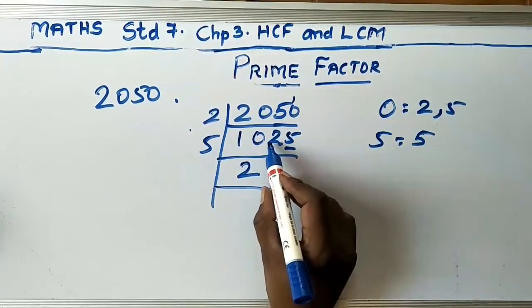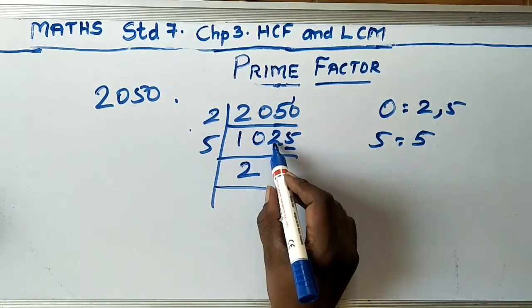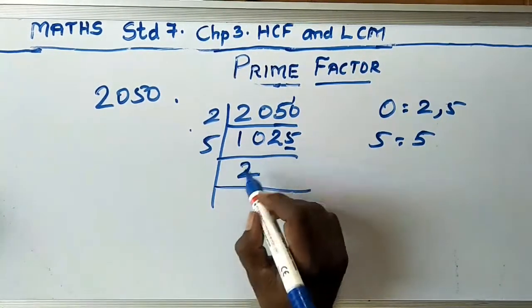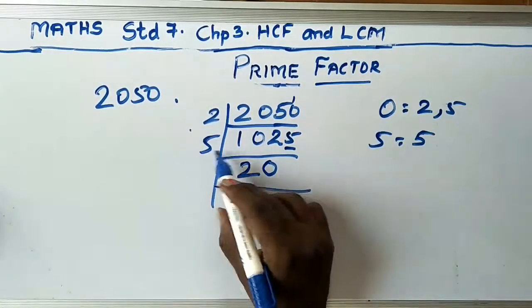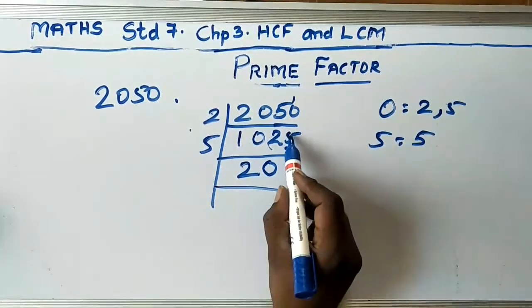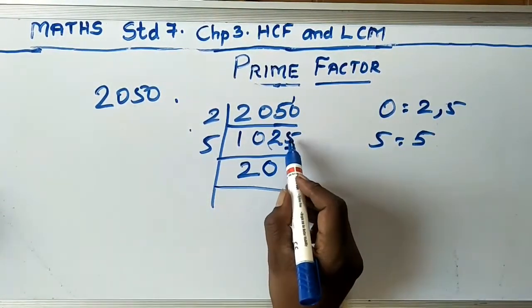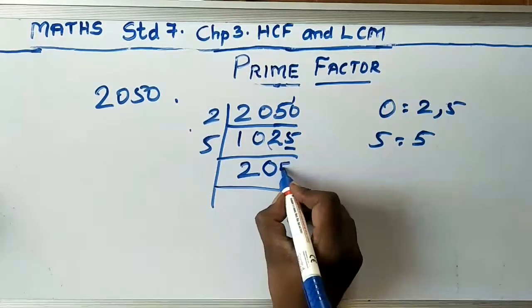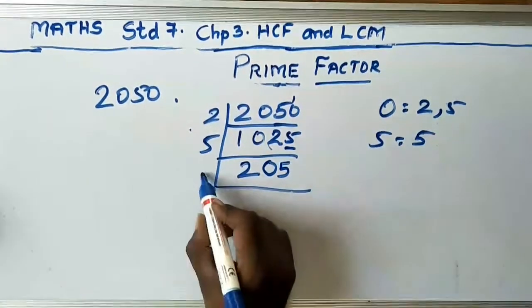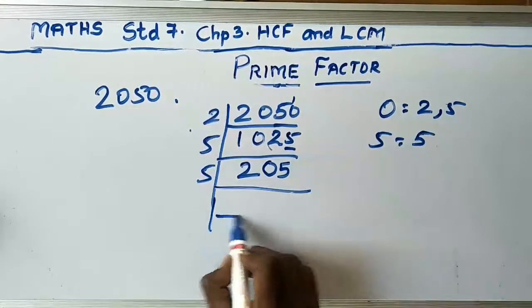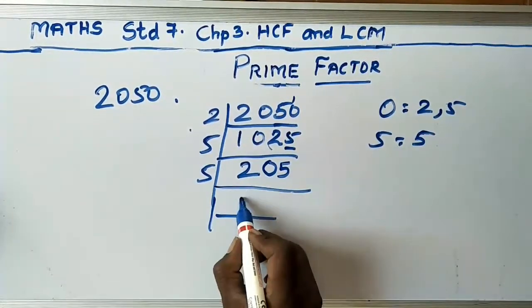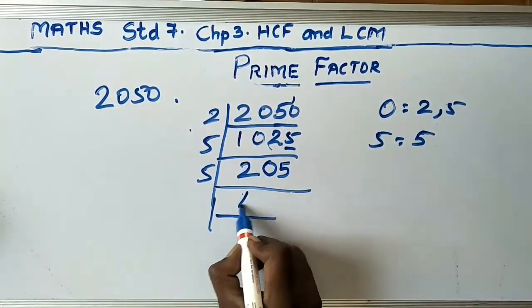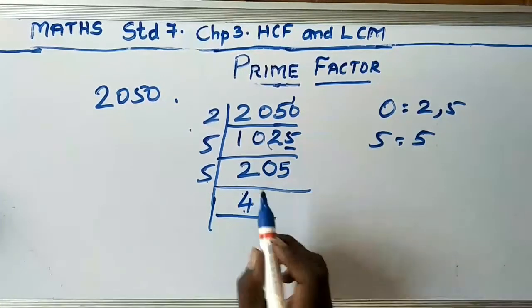Next, a single digit 2 is there. So 2 doesn't go in 5. So I'll write 0. 5 zeros are 0. 2 carry forward here. It becomes 25. 5 5s are 25. Again in 5 table. 20. How many times in 5 table? 4. 5 4s are 20.